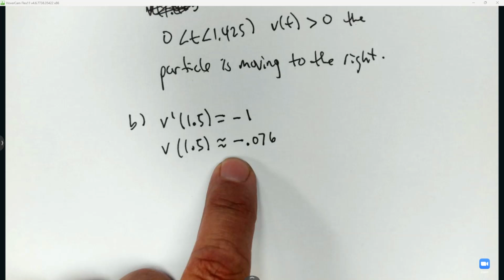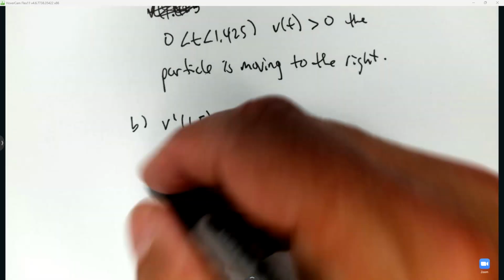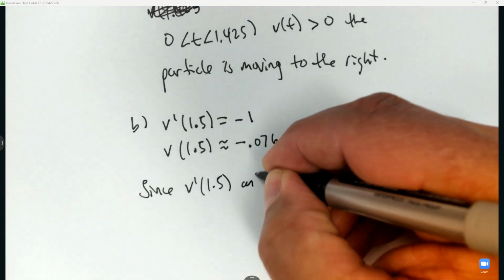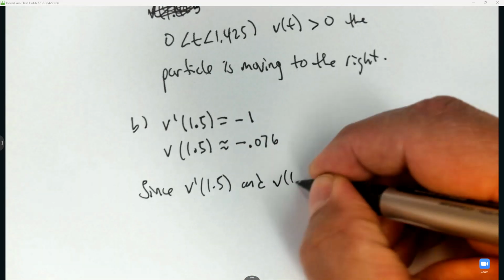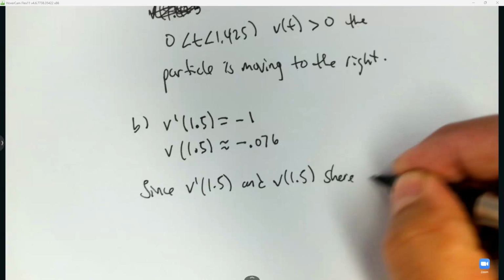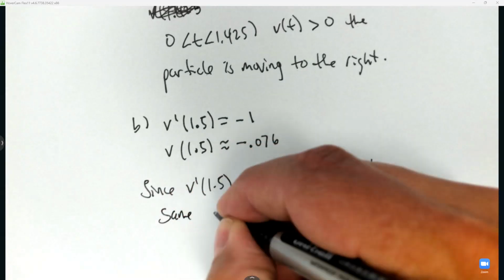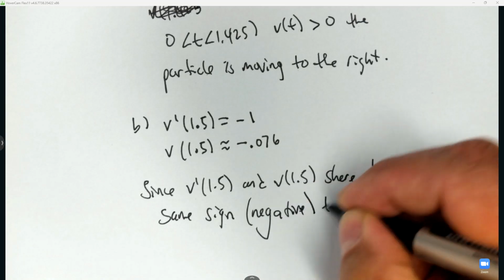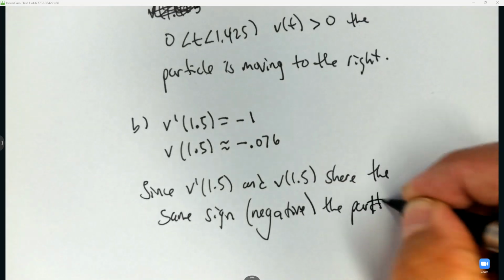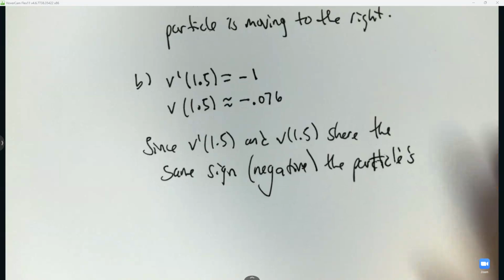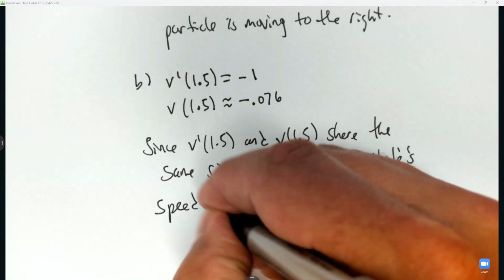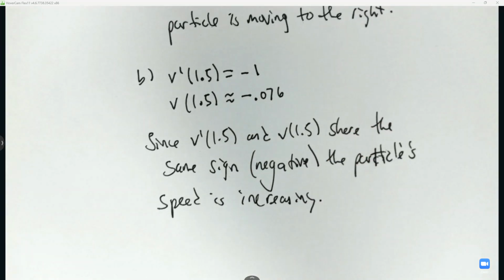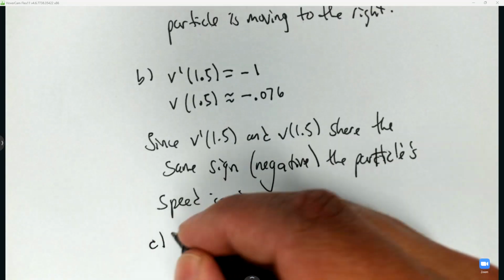So what do you notice about the signs is that they are the same. So since the derivative and the velocity at 1.5 share the same sign, that's negative, the particle's speed is increasing. So if the signs are the same, the speed is increasing. If the signs are different, the speed is decreasing.